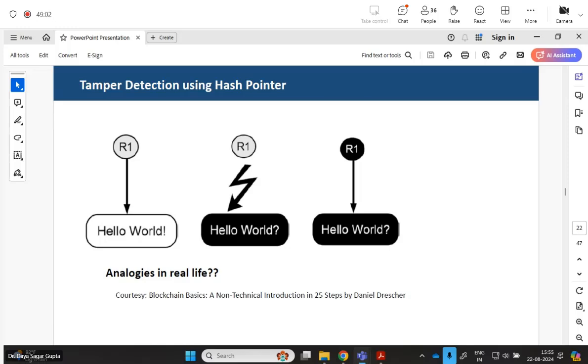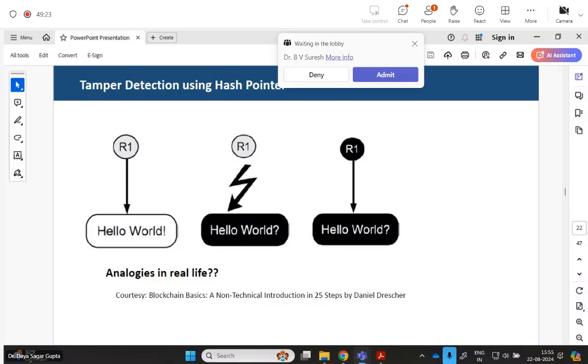So the attacker is very clever. If the attacker changes the message only, he will be caught, because everybody can verify the hash with the R1 and it will be wrong. Now what if he changes the message as well as the hash pointer? In this case, he is not going to be caught.